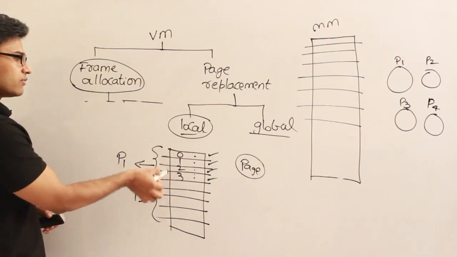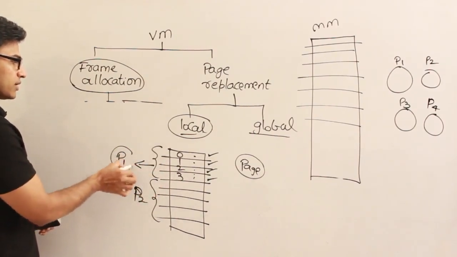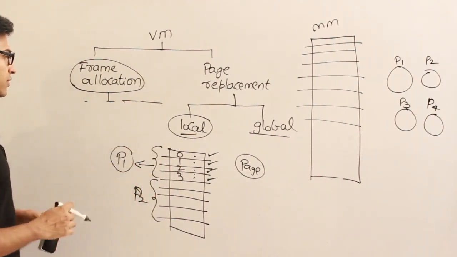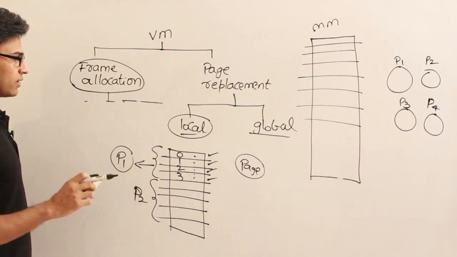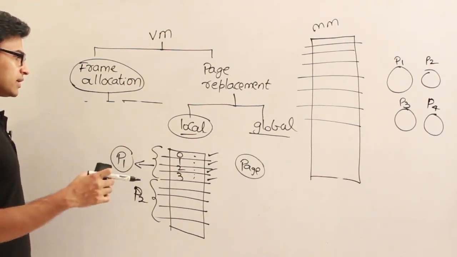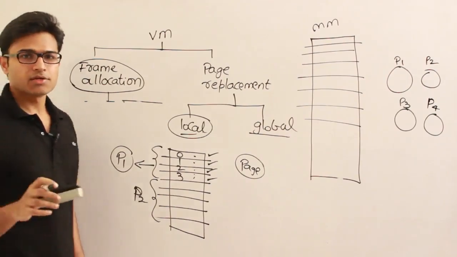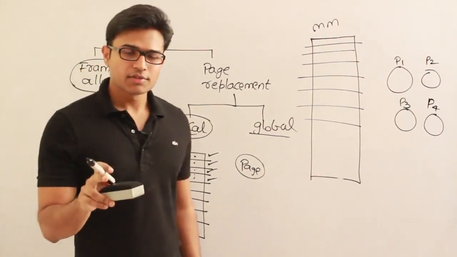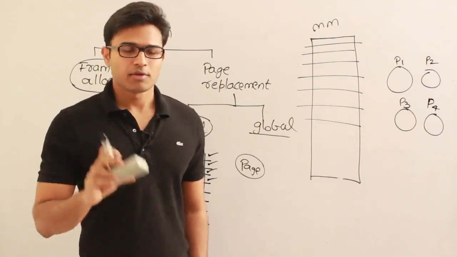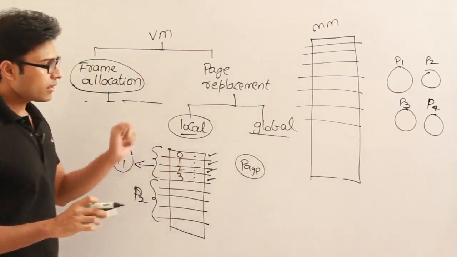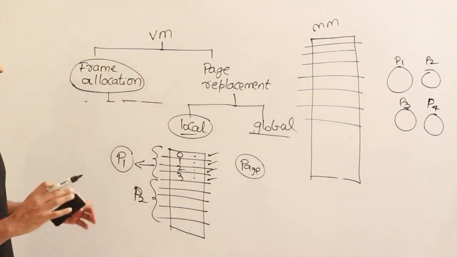They will look only at the frames allocated to P1. We will not disturb any other process. Then what about global? Global is quite different.